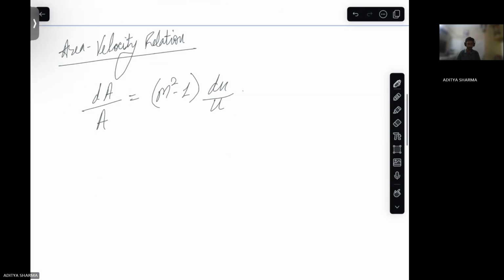So what is this equation telling us? On one hand, we have change in area, on the other hand change in velocity, and also Mach number.